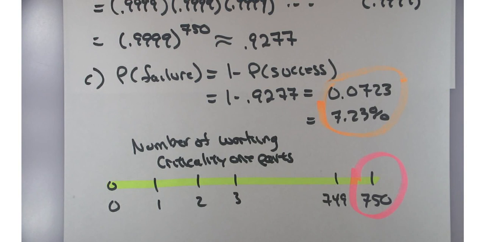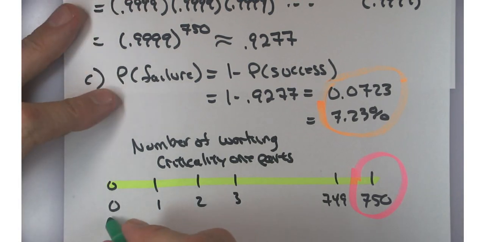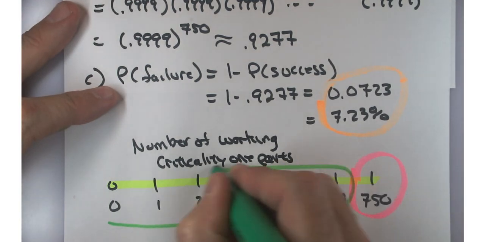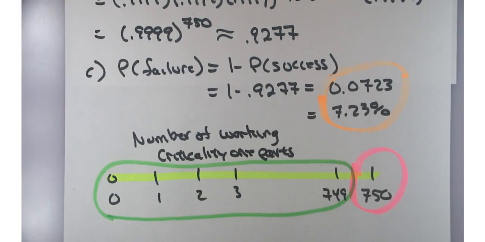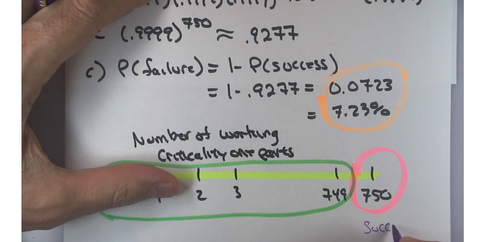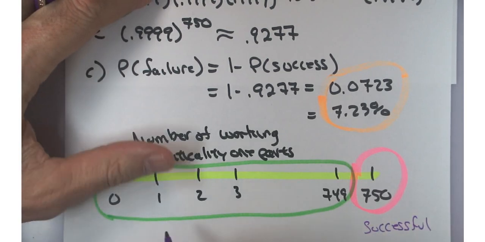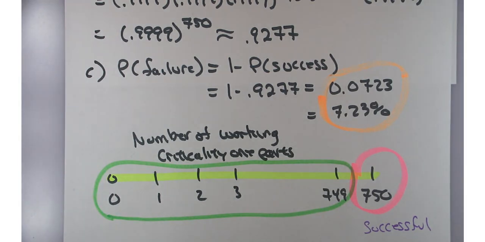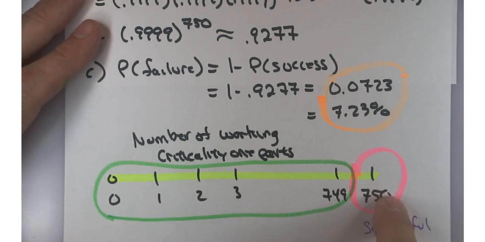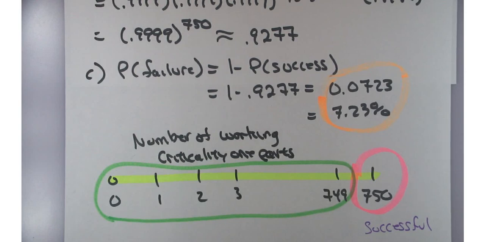Everything else is a mission failure. If you have even one of these parts fail, and in the case of the Shuttle Challenger, it was the O-rings, this is a successful mission, and this is not a successful mission. The calculation of this probability would be really tedious, to say the least. But we don't have to do it that way because we use the complementation rule. The short story is, when you see words of at least and at most, start thinking about the complementation rule.